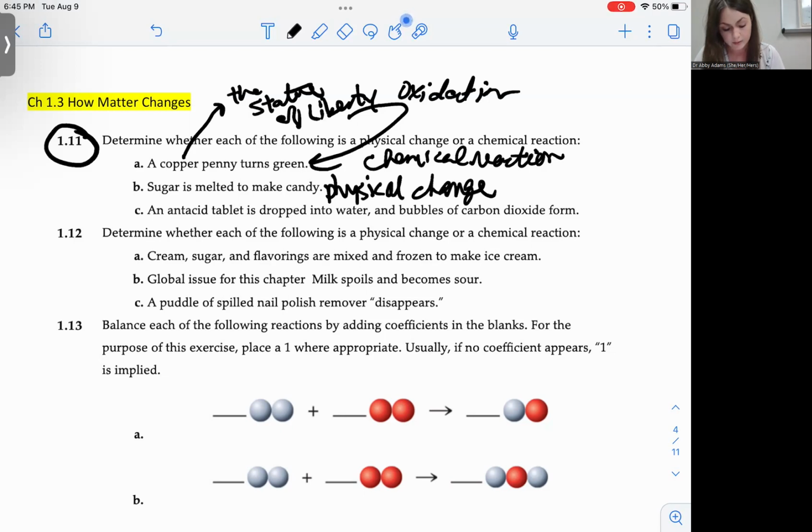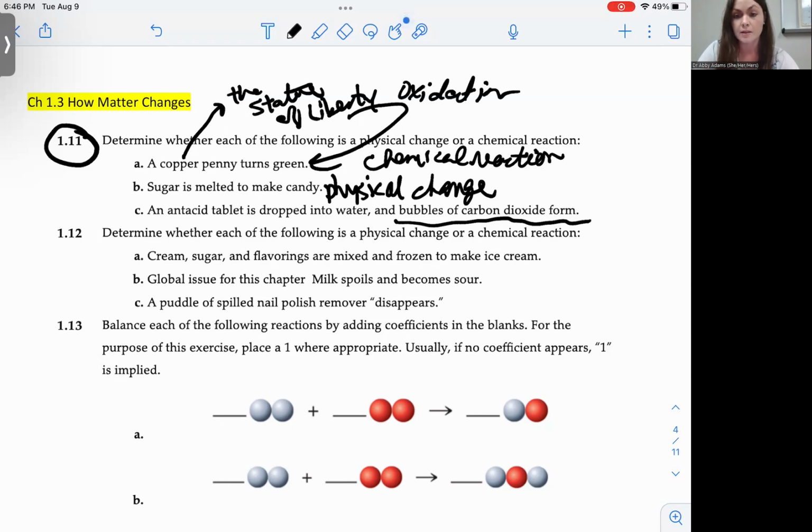C, an antacid tablet is dropped into water and bubbles of carbon dioxide are formed. Well, you are releasing something there with bubbles of carbon dioxide forming, okay? Think about whenever you used to make your volcano experiments in elementary school, that in chemistry class, right?